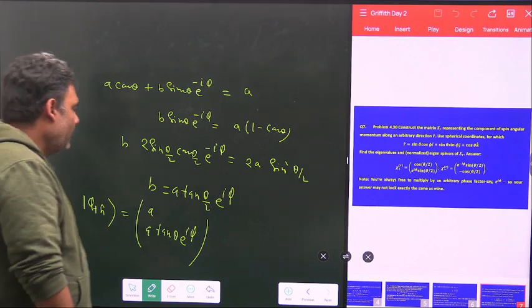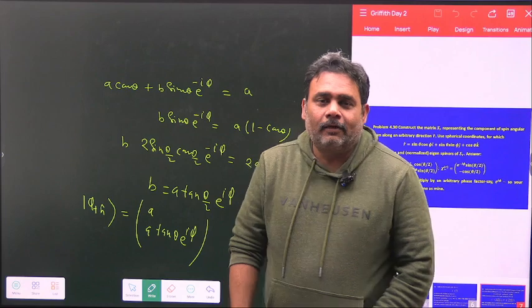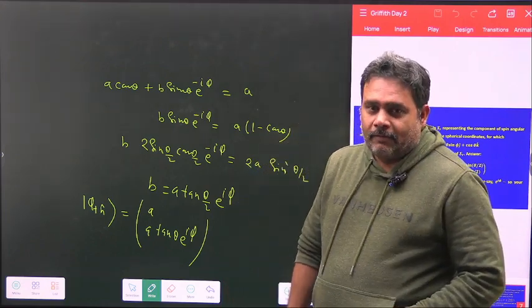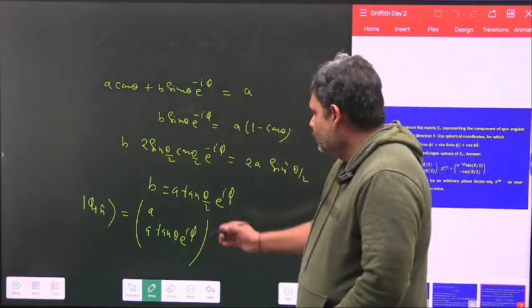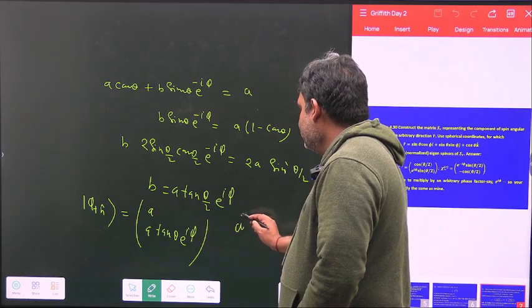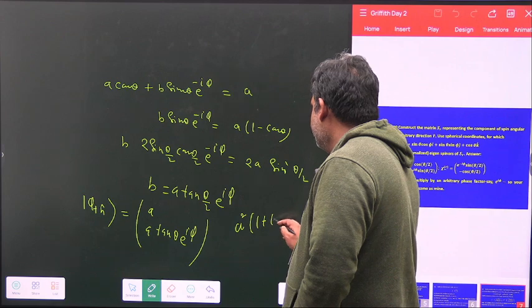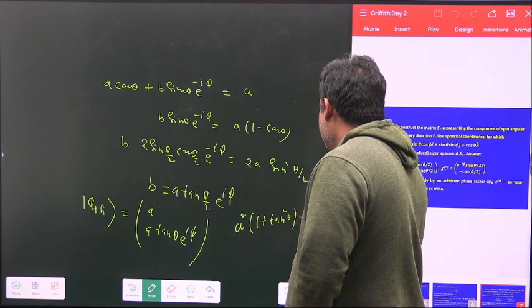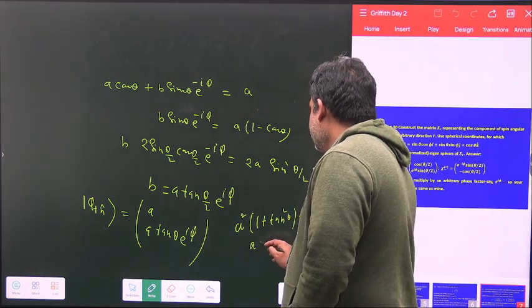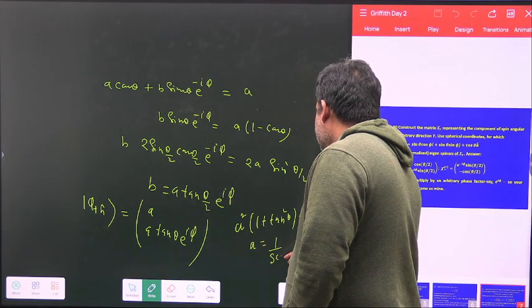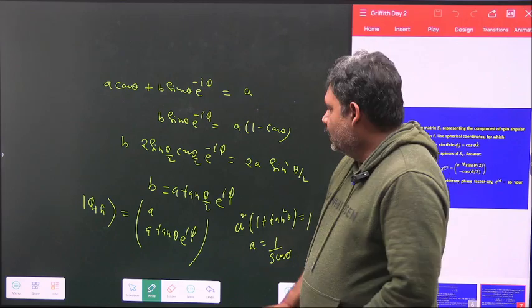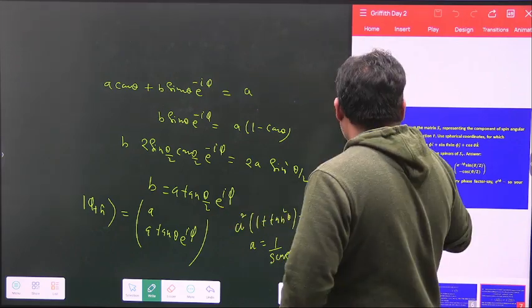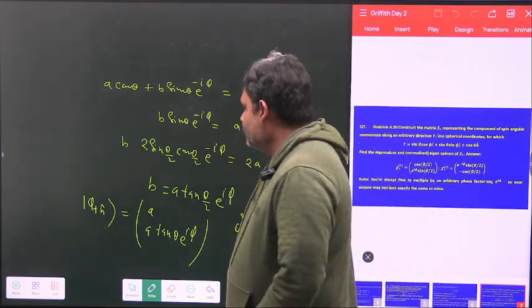So when you normalize it, what is this value? क्या आ रहा है देखो, a square (1 plus tan square theta by 2) must be equal to 1, that is a square sec square theta by 2 equals 1. So a is equal to 1 upon sec theta by 2. ठीक है. अब sec theta को लेकर के जाओ, you will get exactly this answer, है ना.